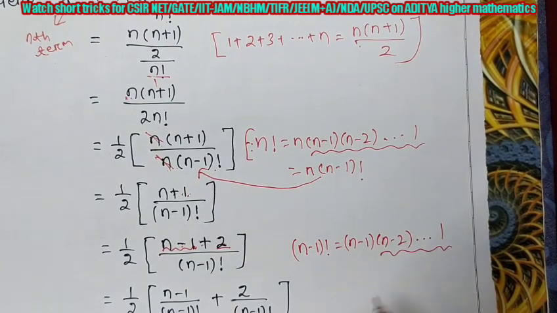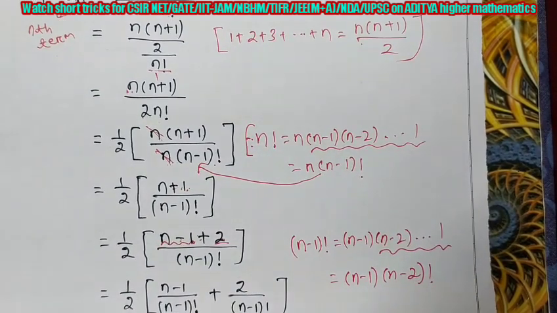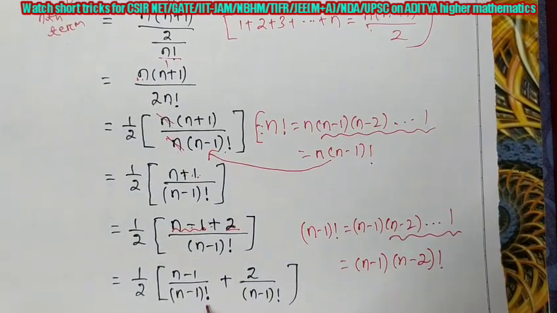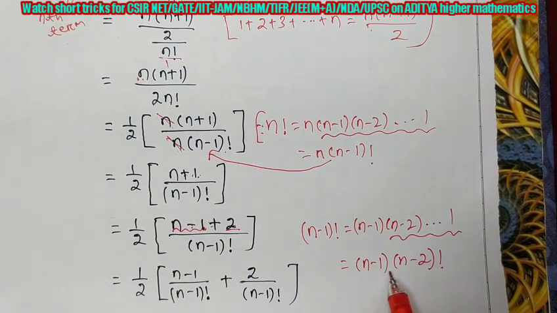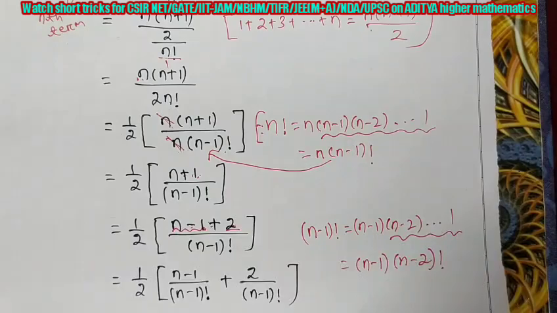Then you can write n minus 1 into n minus 2 factorial. Okay. So in place of n minus 1 factorial, we will write n minus 1 into n minus 2 factorial, but otherwise it is the same thing.